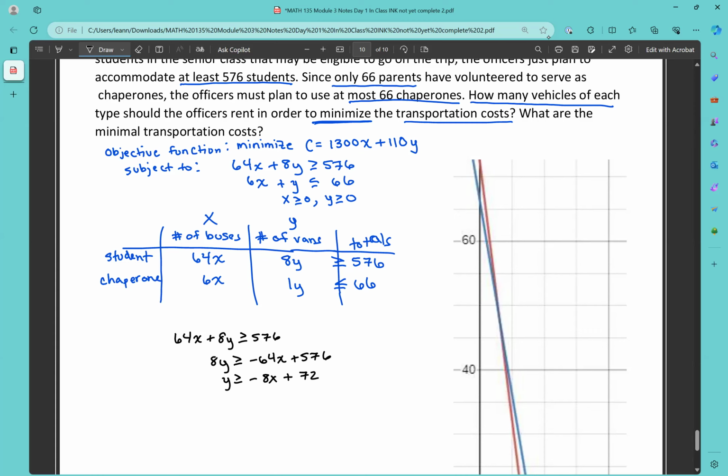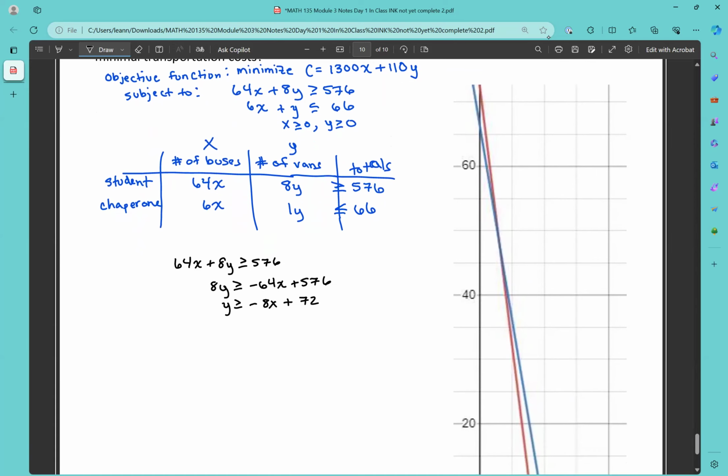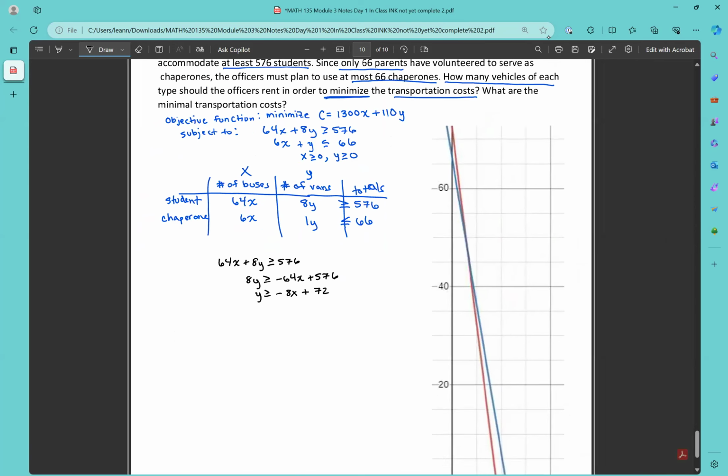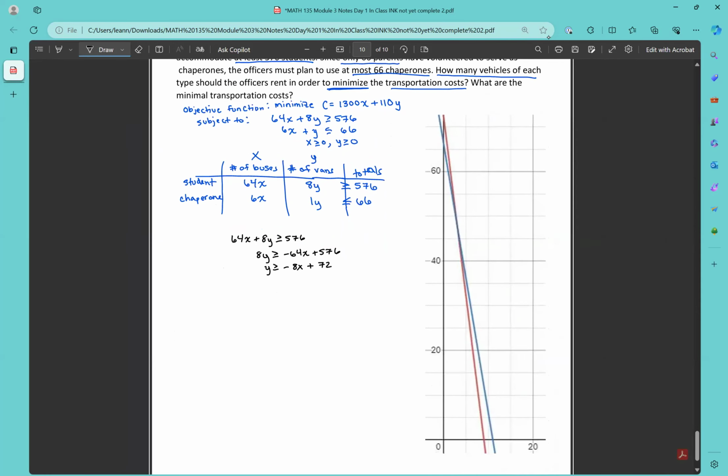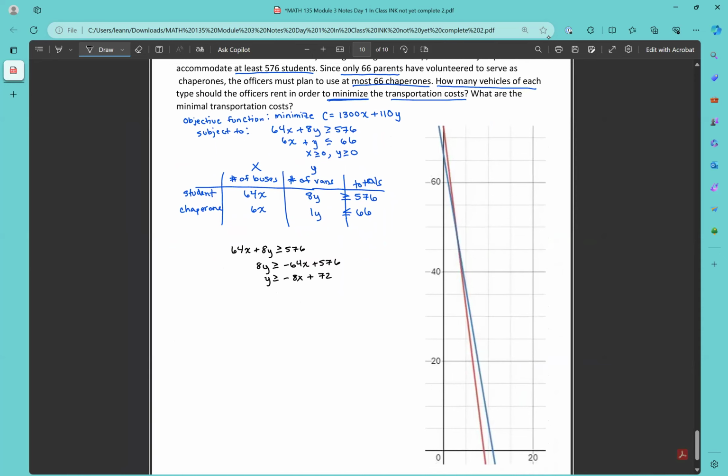72. So if you look at our two lines here, I'm going to zoom out for a minute. We see that we don't really see where the pink one crosses perfectly. It's right up here, or red, I should say. But we do see that the blue one, so notice this is counting by 5, 10, 15, 20. It's counting by 5. So this is 25, 30, 35, 40.